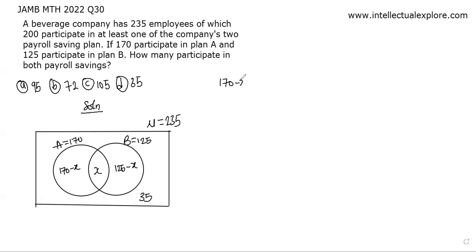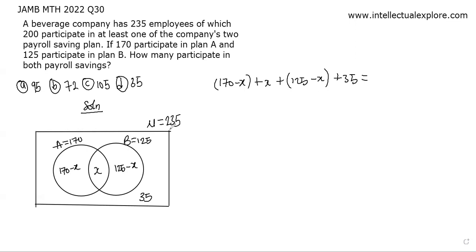170 minus X, plus the next one, X, plus 125 minus X, plus the one that doesn't participate in any of the payroll, that's plus 35.